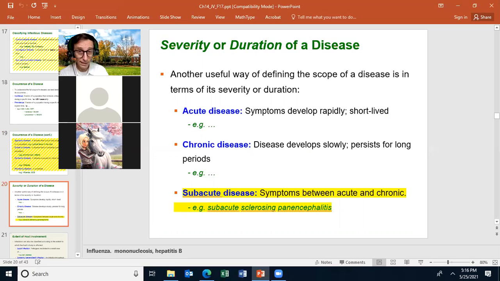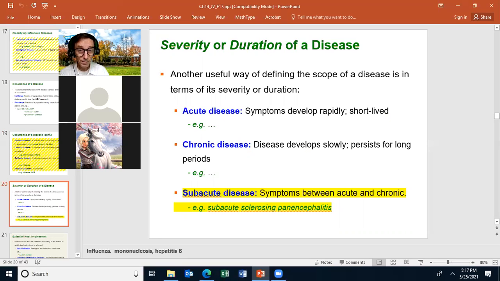Another chronic disease would be leprosy, where it starts slowly and, assuming the patient isn't cured, develops slowly and gets worse with time until the patient eventually dies of leprosy. Of course, nowadays, leprosy can be cured with antibiotics.